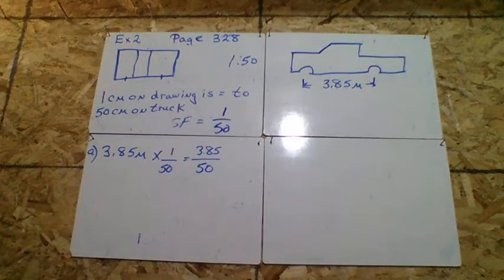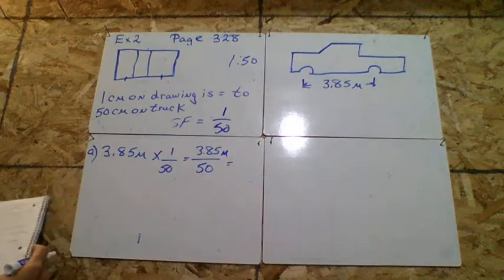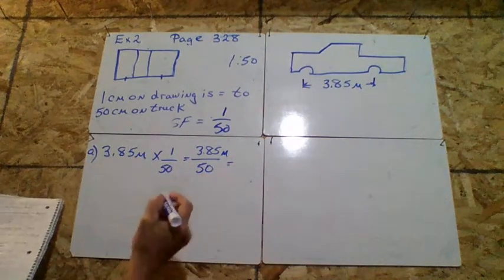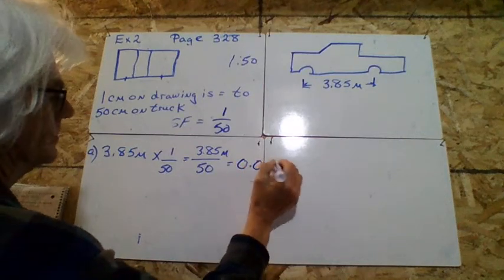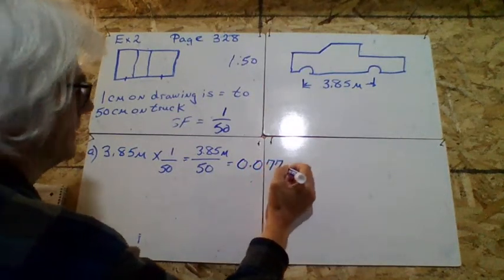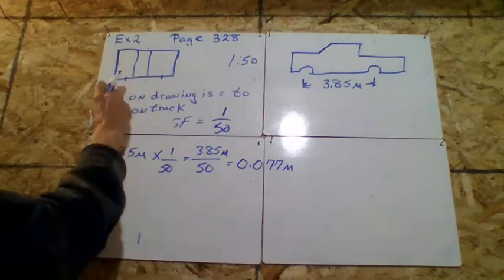And 3.85 divided by 50, and this is meters, would be equal to 0.077 meters. So that's the distance on this drawing.